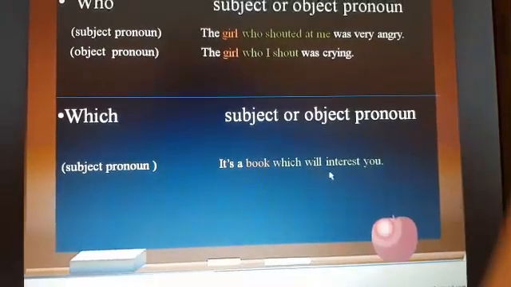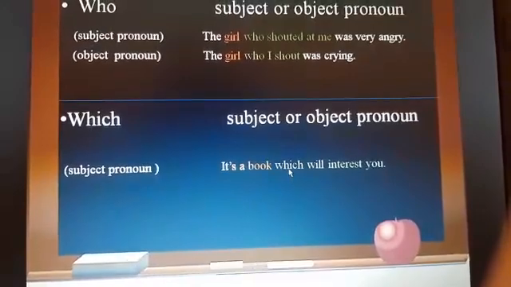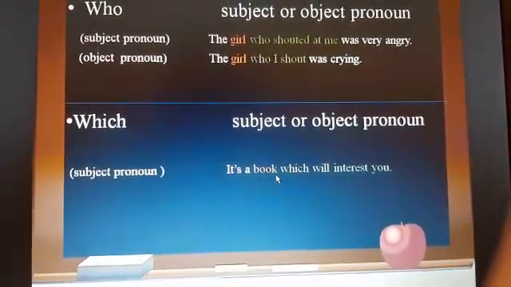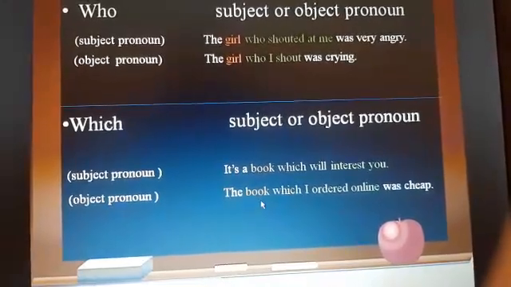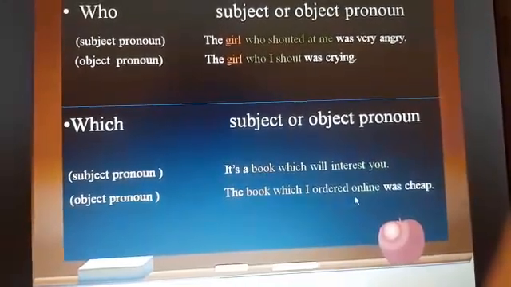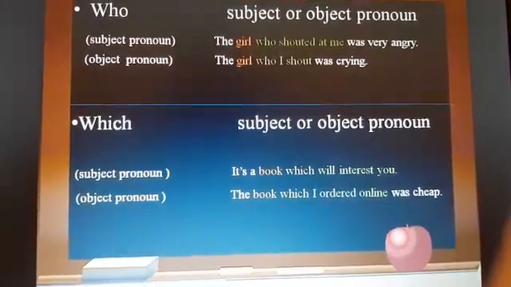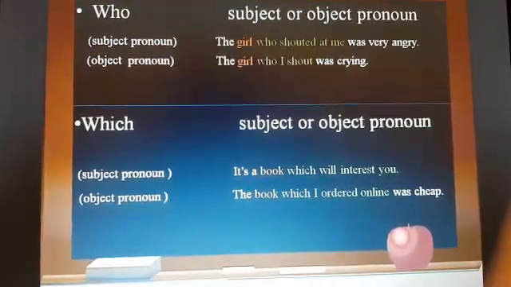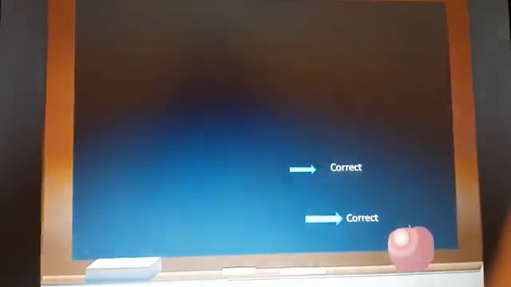So which will interest you is the defining relative clause. Which is the subject pronoun. Which as the object pronoun, the book which I ordered online was cheap. Which I ordered online is the defining relative clause, and which is the object pronoun.